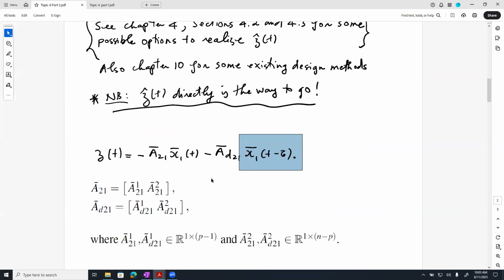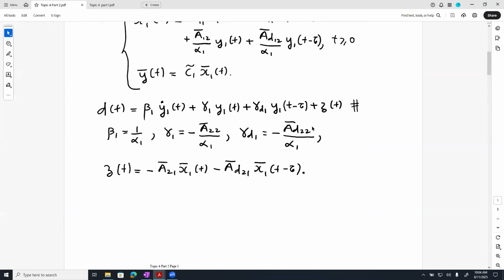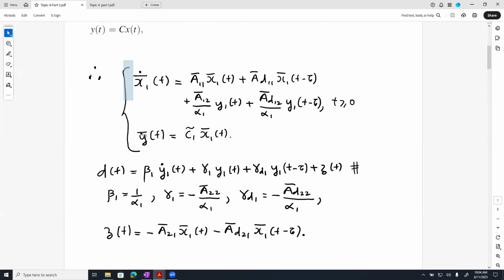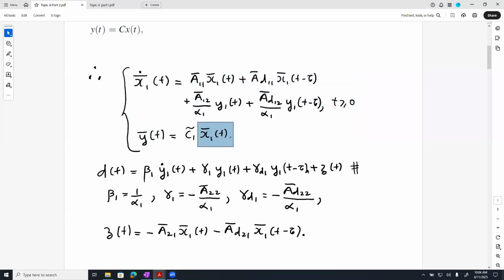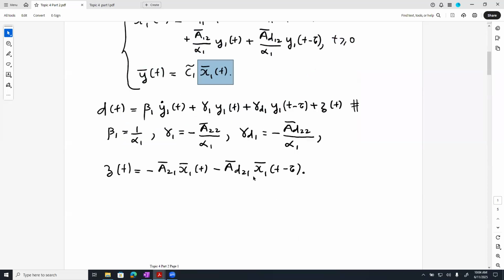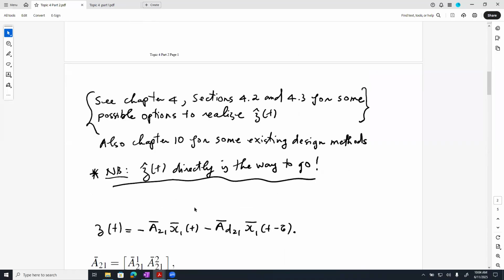That one possible option is based on an existing stack observer for time delay systems, which is this system here. We get that estimation x bar hat 1 of t, which is this one here.